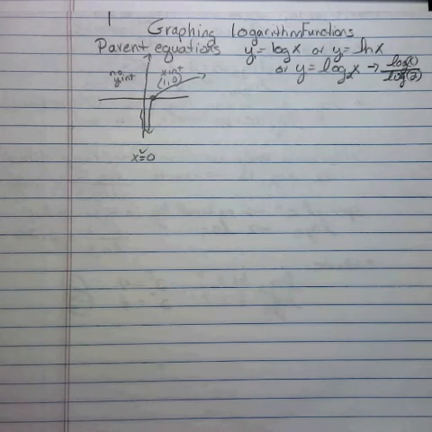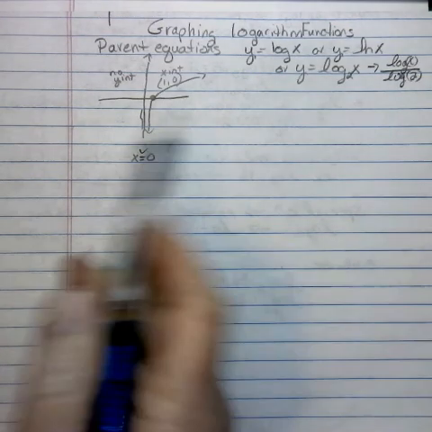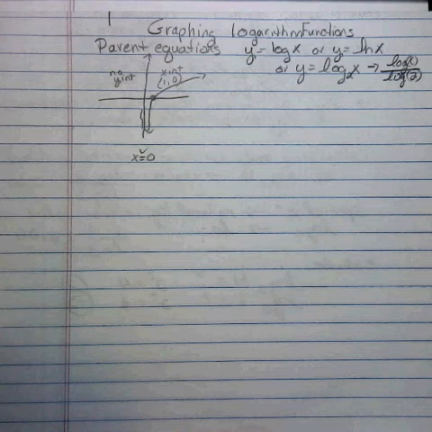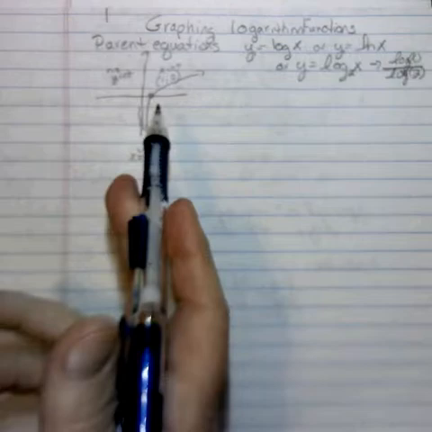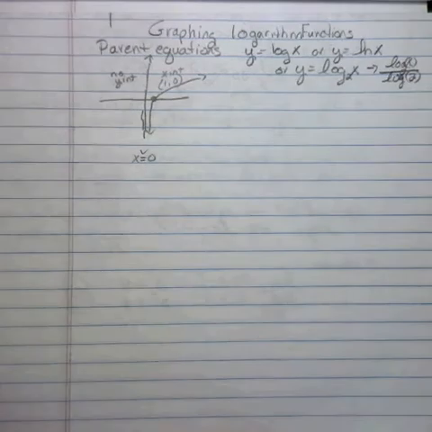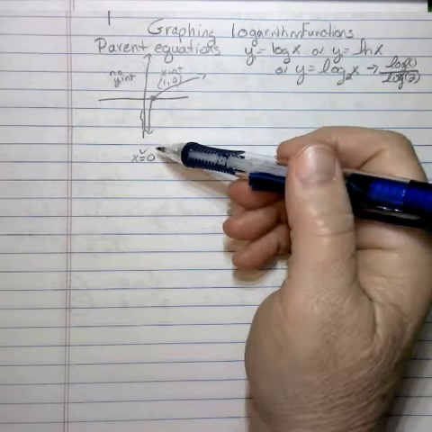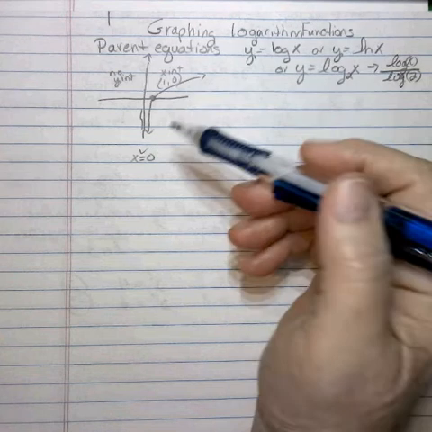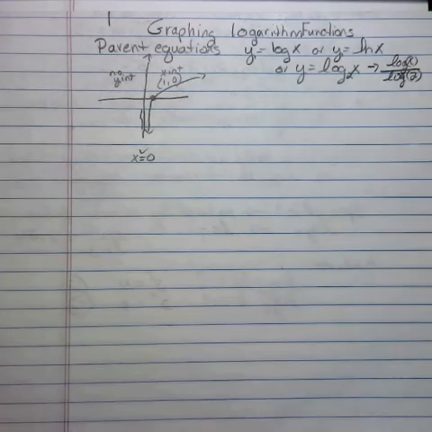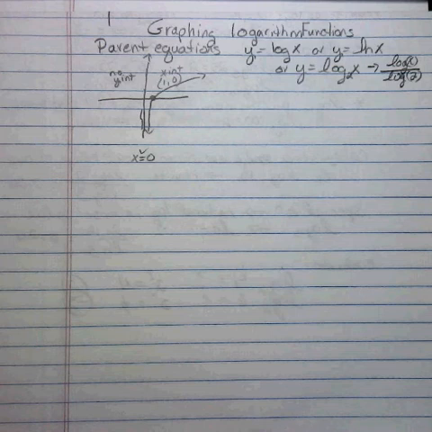Vertical shifts would not change the asymptote, only horizontal shifts. We do have reflections. If it just reflects, it wouldn't change the position of the asymptote. Again, it would have to be a horizontal shift to change that. We can still have vertical stretches and shrinks. We can have horizontal stretches and shrinks, but they, again, would have some impact on different parts of the graph.